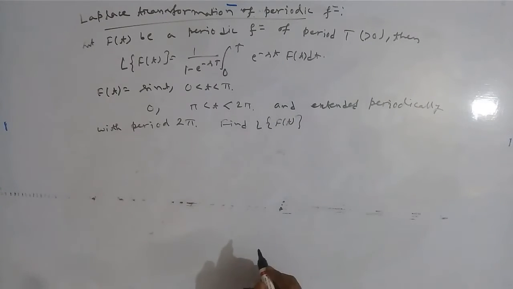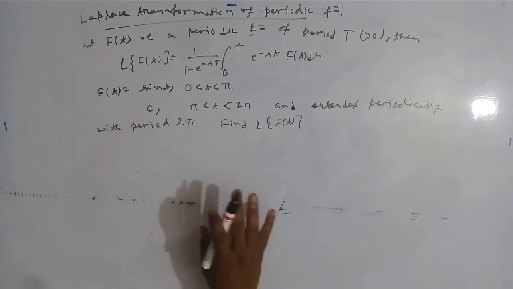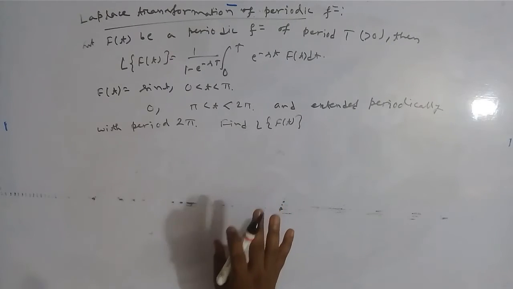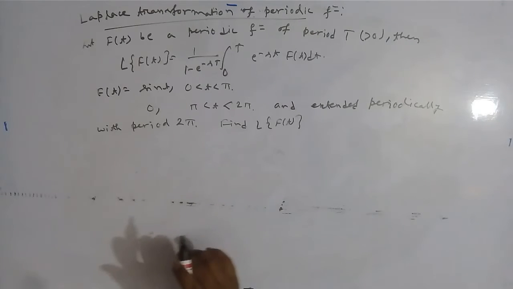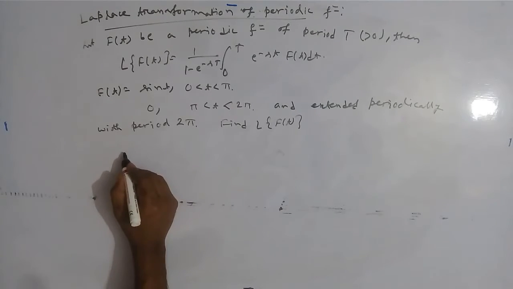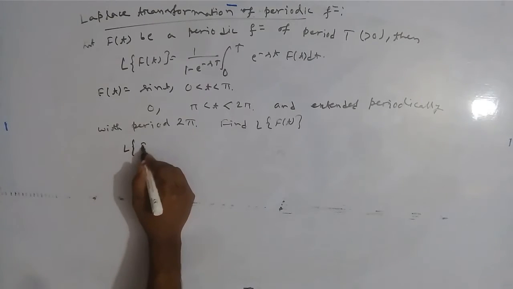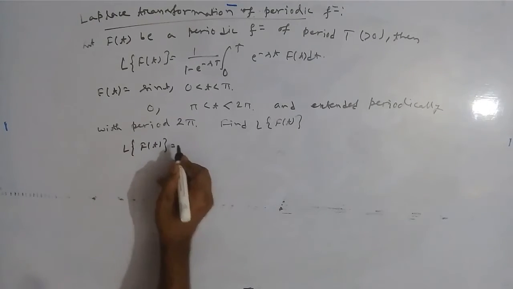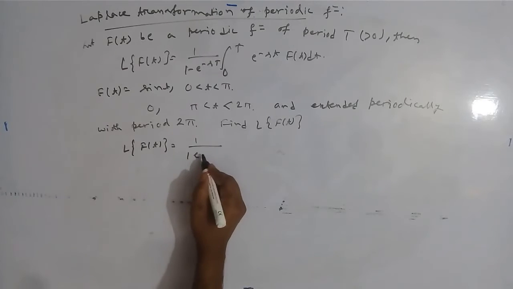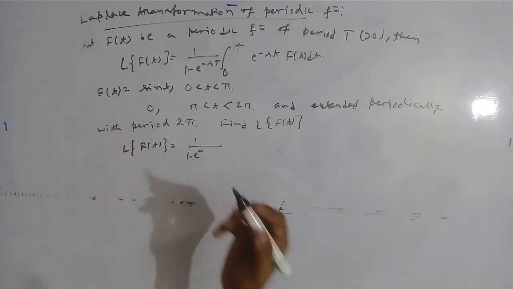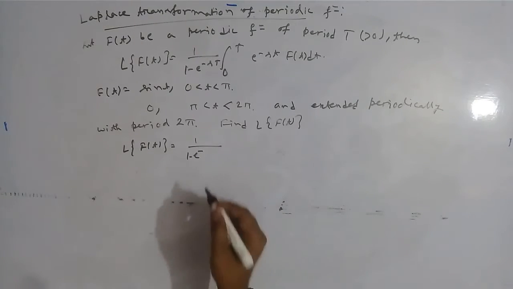Here it is given that f(t) is a periodic function with period 2 pi. So we know by the above theorem L of f(t) equals 1 by 1 minus e to the power minus sT, where capital T is the time period, that is 2 pi.